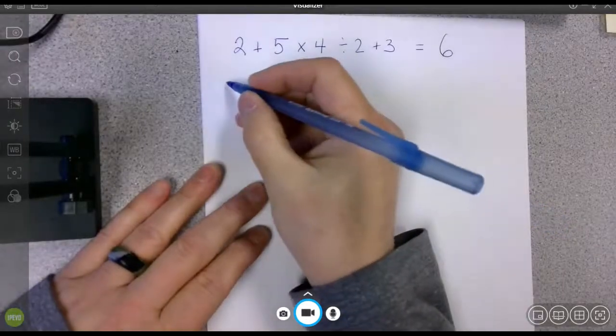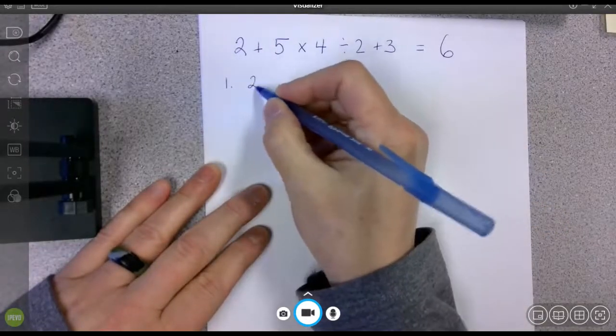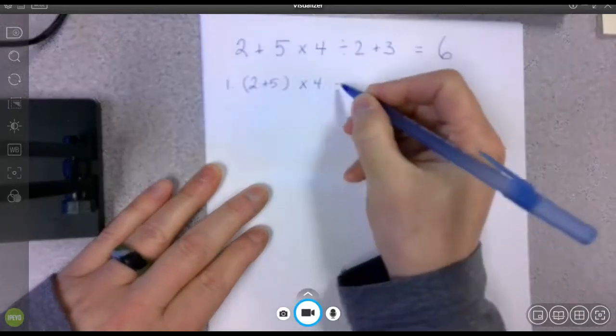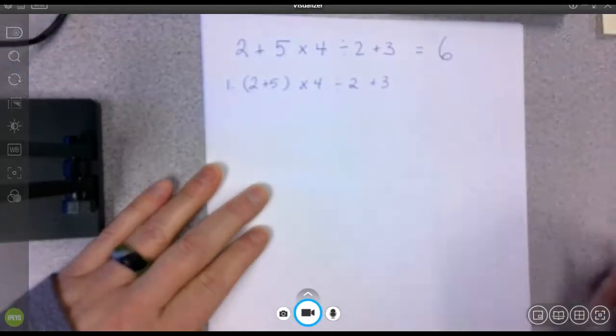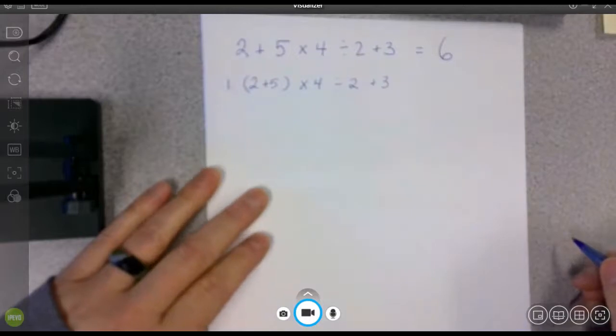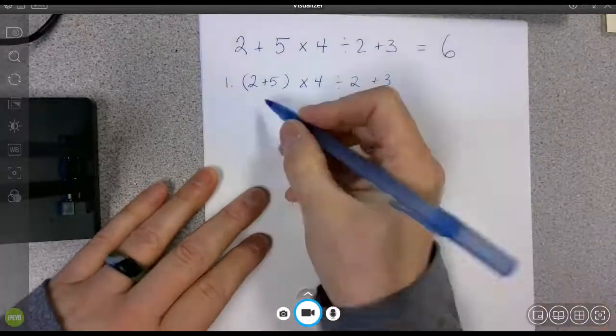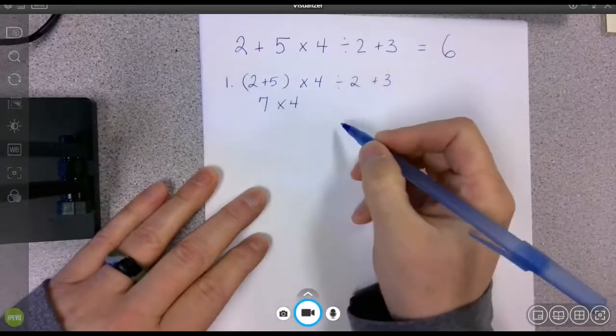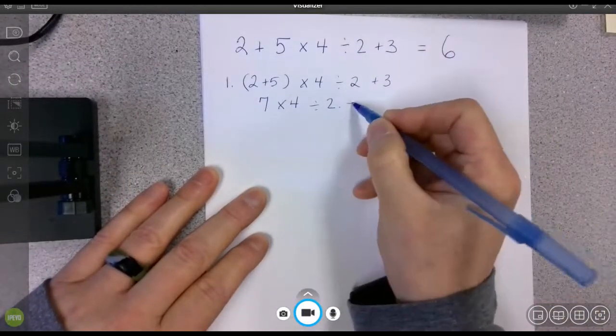So our first step, we're going to try 2 plus 5 with parentheses and then bring the rest of the problem down. Okay, so we know our parentheses is done first. So 2 plus 5 is 7. 7 times 4 divided by 2 plus 3.